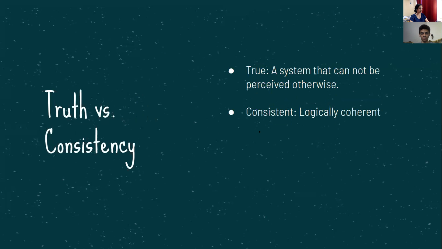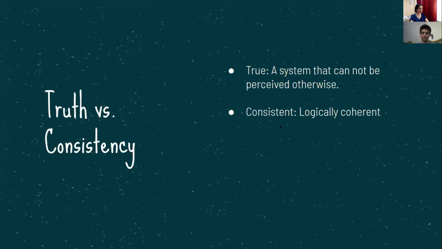So in order to describe any system, we describe systems in one of two notions: truth and consistency. These terms should never be confused together. For a system to be true, it means that system cannot be perceived otherwise. There would be a contradiction if this was not the case, like 2 plus 2 equals 4. It cannot be any other way. Whereas consistency means that it's logically coherent.